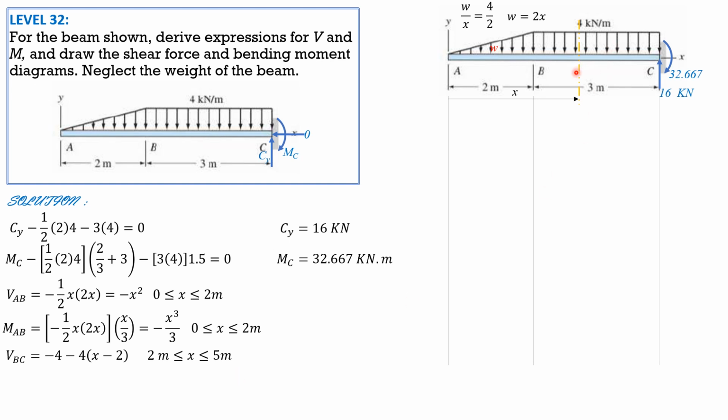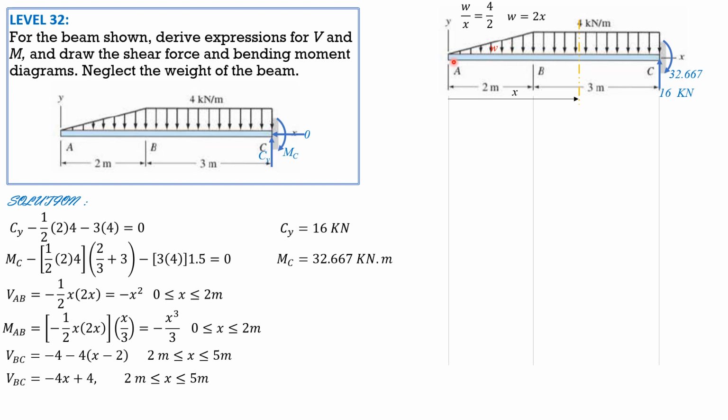Then moment BC is also negative, so it is negative 4 times its moment arm, x minus 4/3, the 2/3 of 2 centroid.